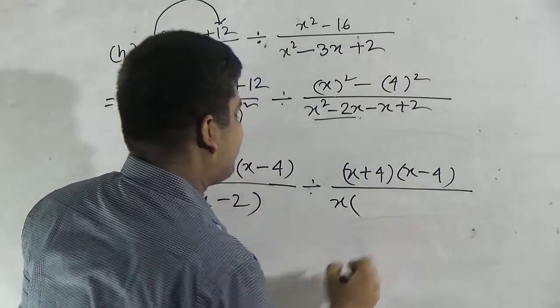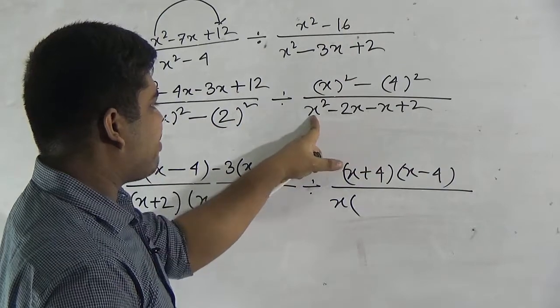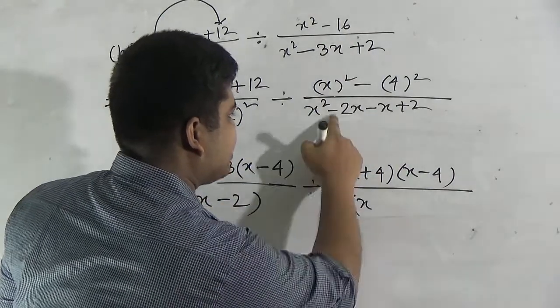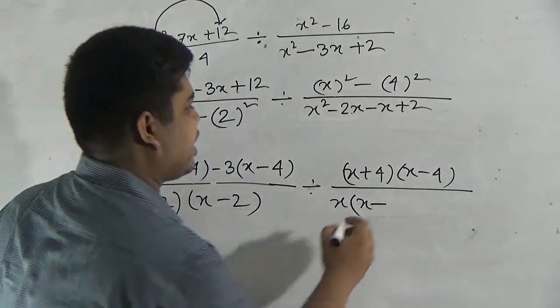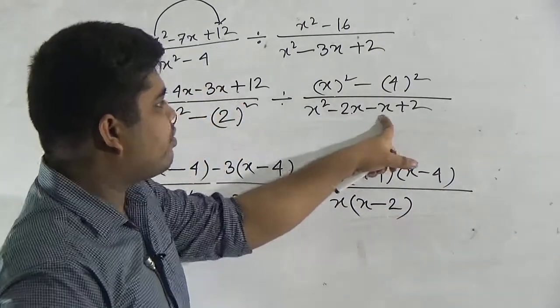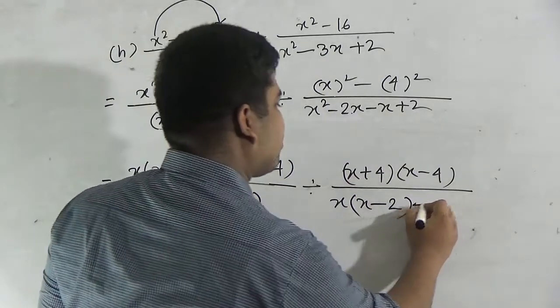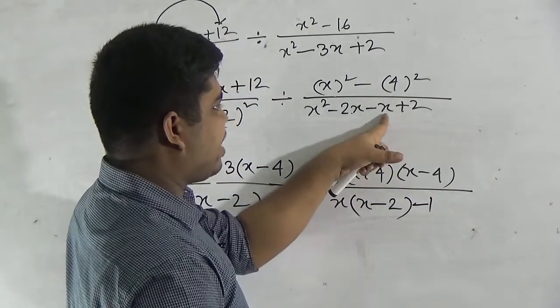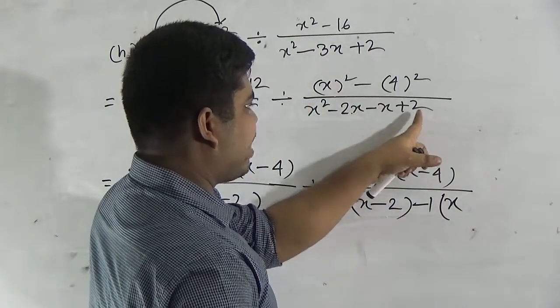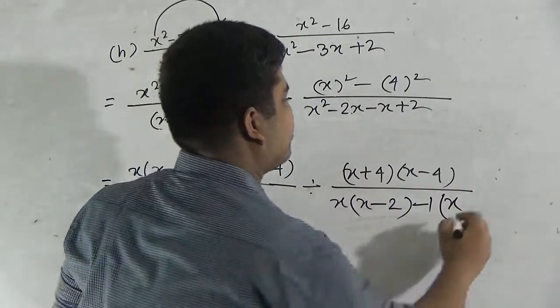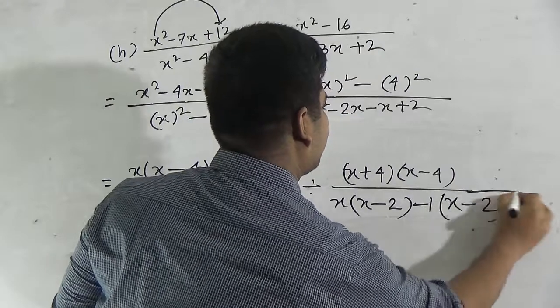Divide x square by x and we get x. This minus sign is here, and if we divide 2x by x we get 2. And from these two terms minus 1 is common. If we divide x by minus 1 we get minus x, and we divide 2 by minus 1 and we get minus 2.